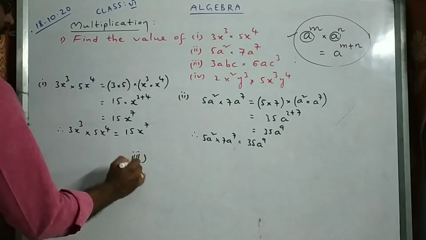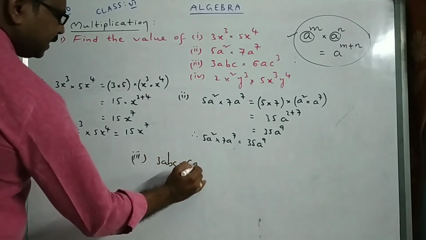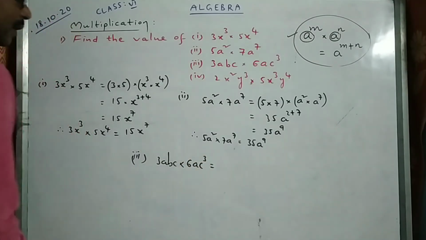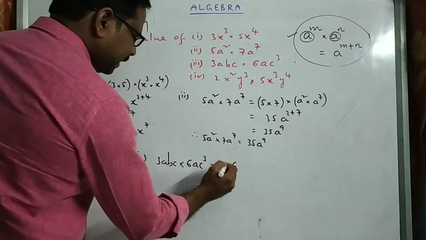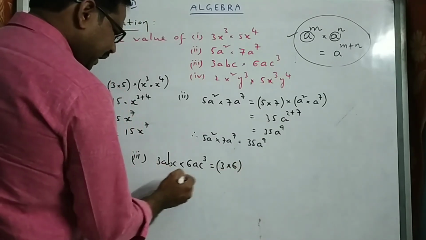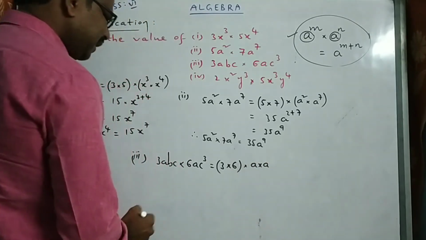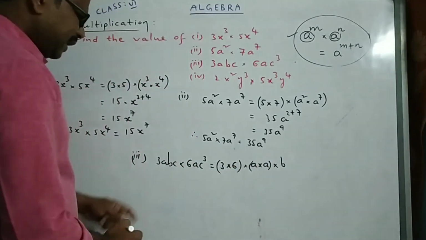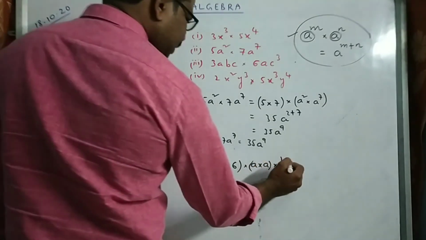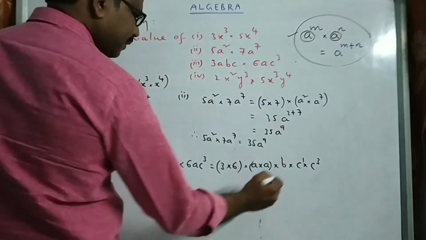Third, 3abc into 6ac cube, right? Now write together 3 into 6 together into a into a. Regrouping the terms. Only b is a single term. There is no c to multiply with c cube; c into c cube means c power 1.